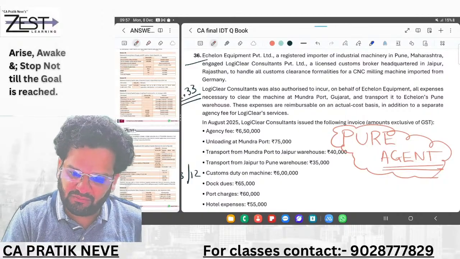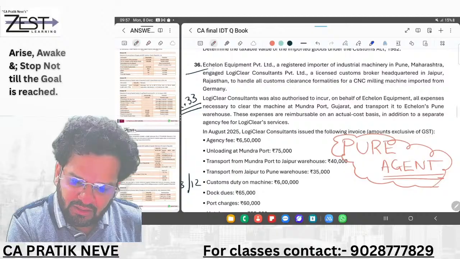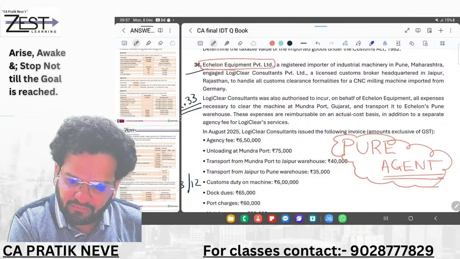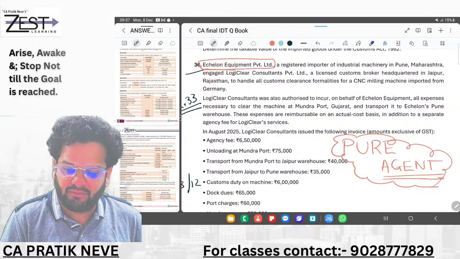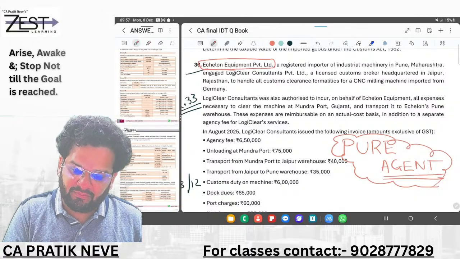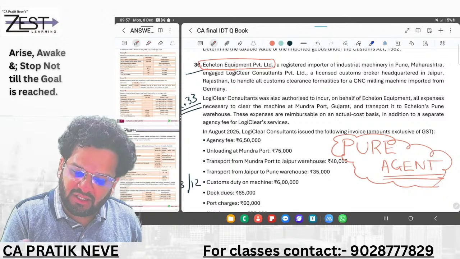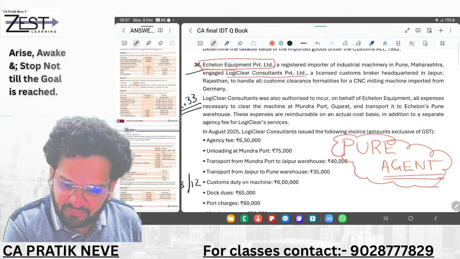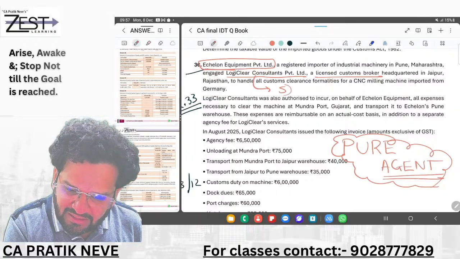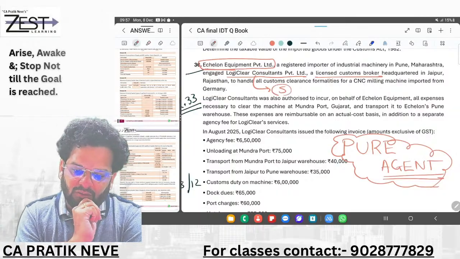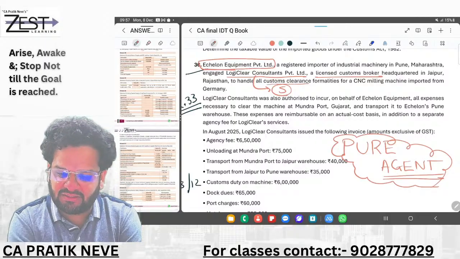So friends, EE Private Limited, registered importer of industrial machine in Pune, engaged Logiclear Consultants Private Limited, licensed custom broker. So this person is supplier to handle all custom clearances.